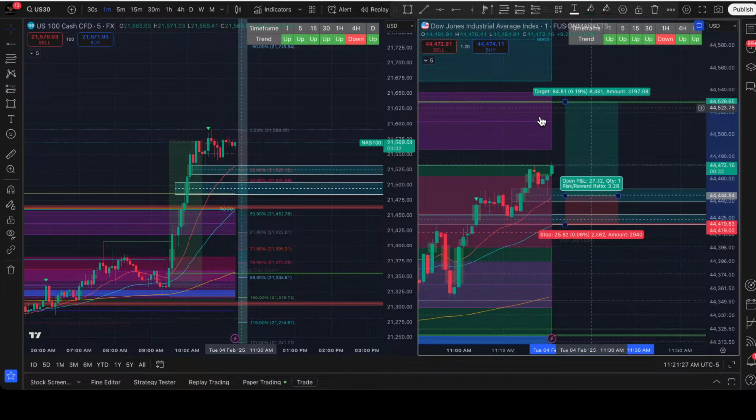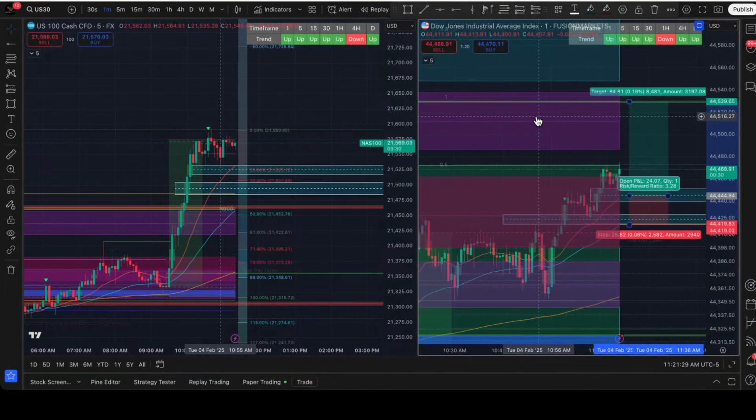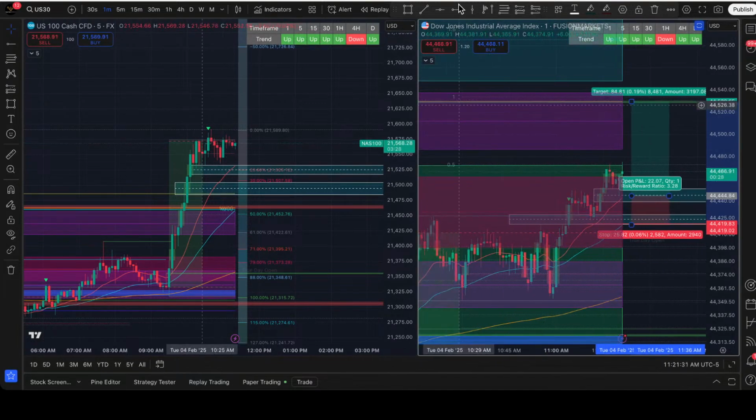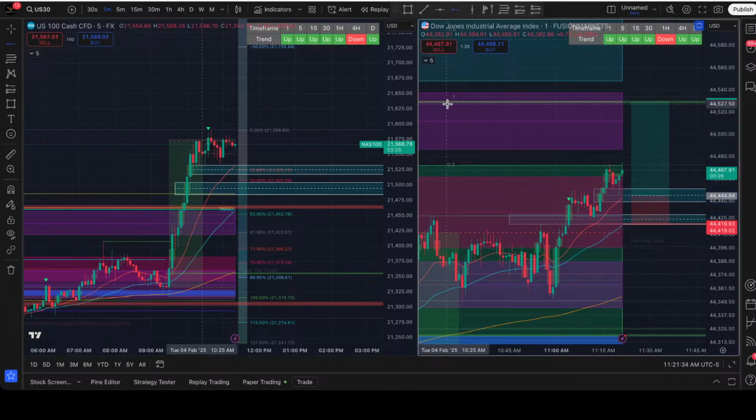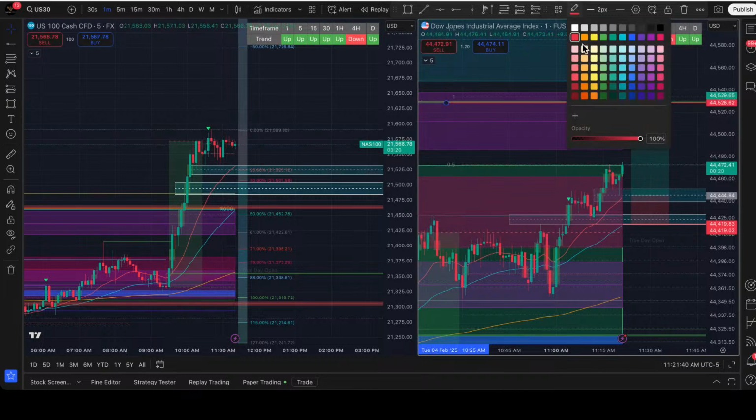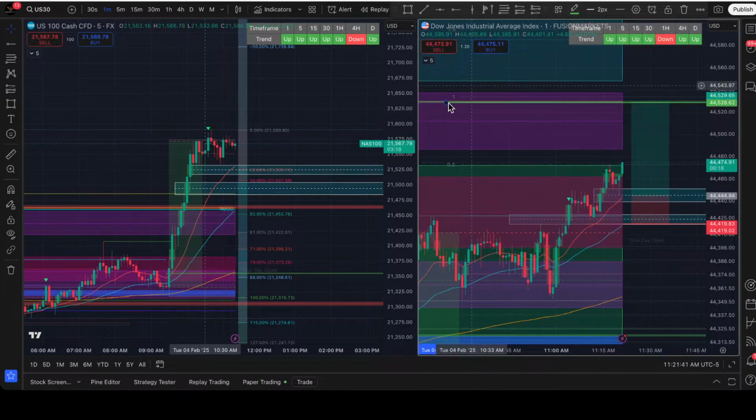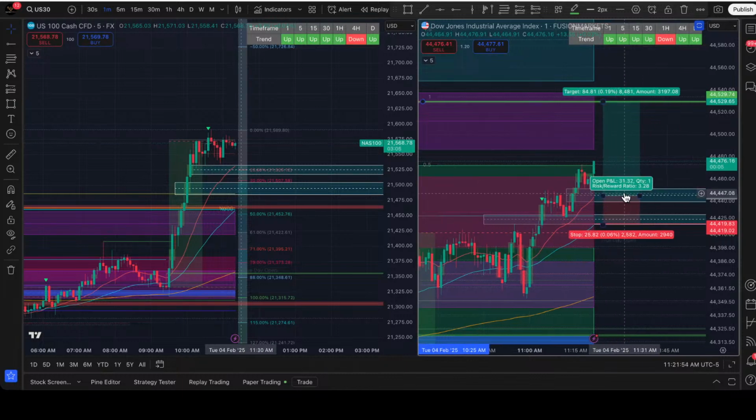Again, 1 standard deviation. Right there. A lot of confluence here. There's Asia high. We're well into the purple zone. Let's make that green. Purple zone, 1 standard deviation, Asia high. That's where we're heading to. It's 3.28.